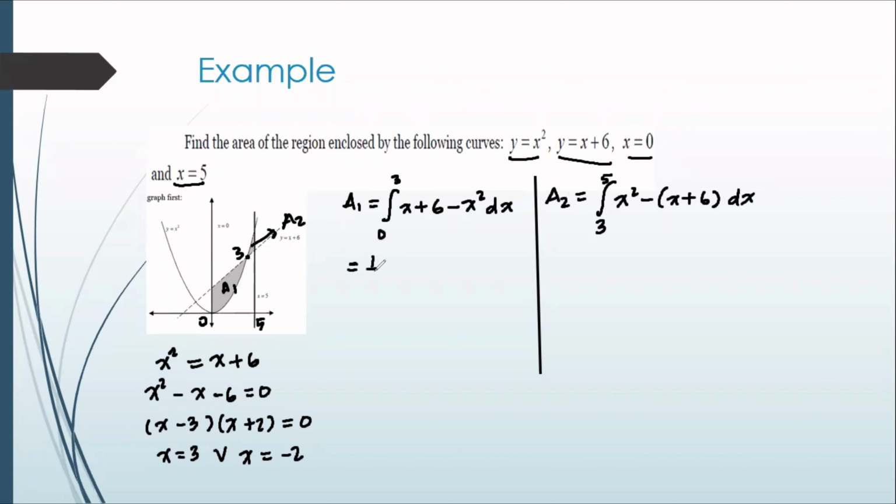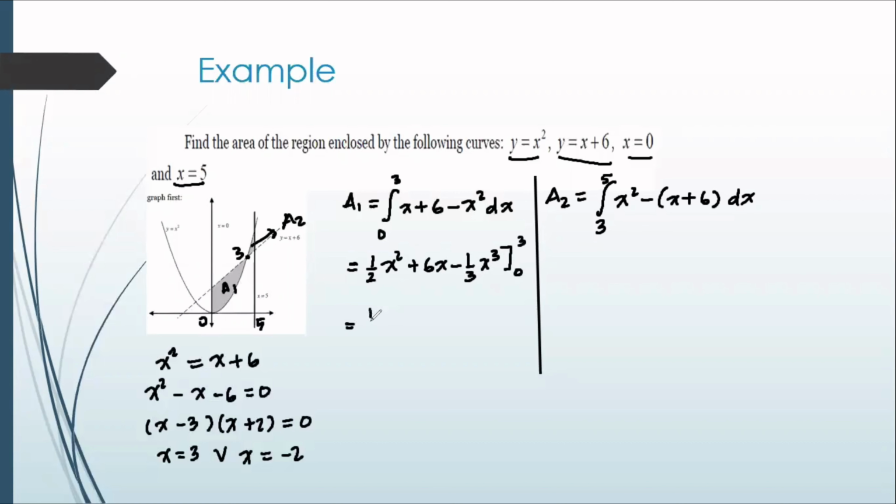This will be a half x squared plus 6x minus 1 per 3 x cubed from 0 until 3.